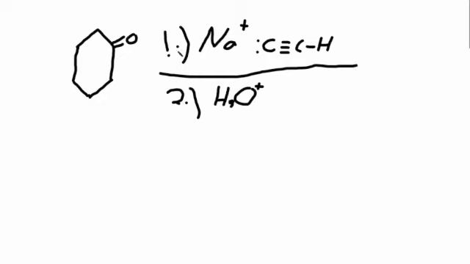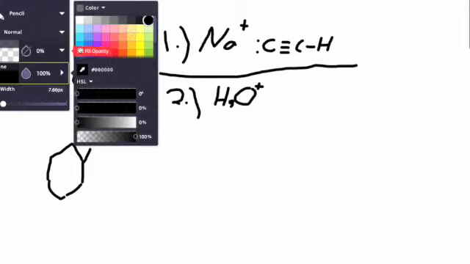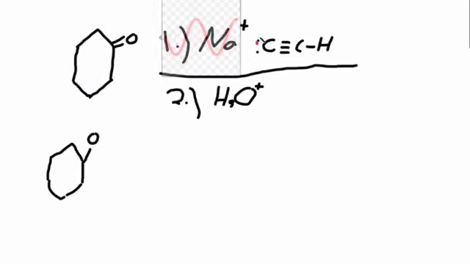All right, let's get started. What you have to recognize is that carbonyl group, the carbon that's attached to that oxygen, has a slight positive charge. So what's actually going to happen in this case is these electrons are going to attack right here because of the slight positive charge.